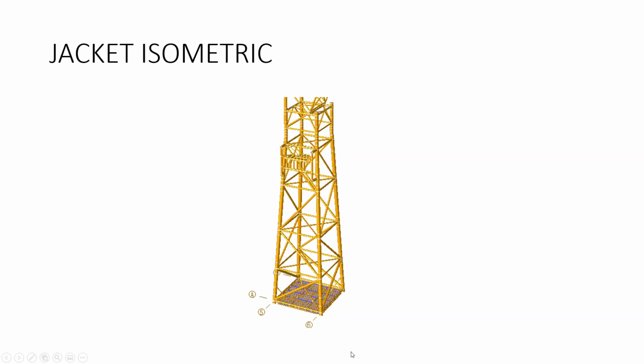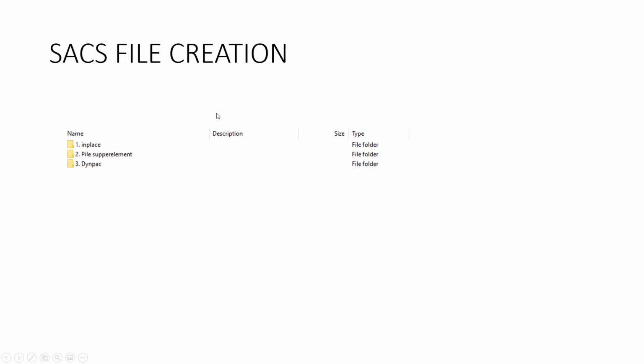For this presentation I have considered a four-legged jacket. For this four-legged jacket I am going to calculate the DAF. So first, for any of your analysis, you have to create a separate folder. This makes file handling easy and avoids confusion about which file you have to modify.